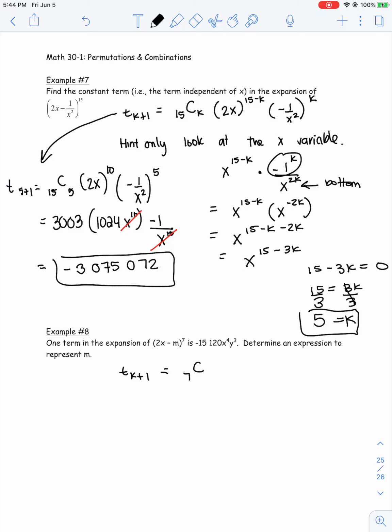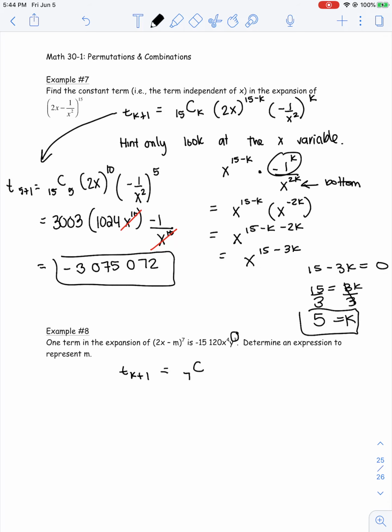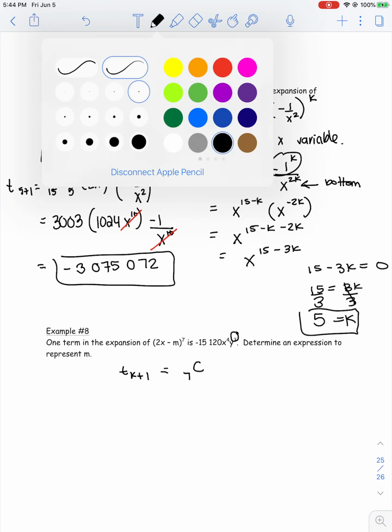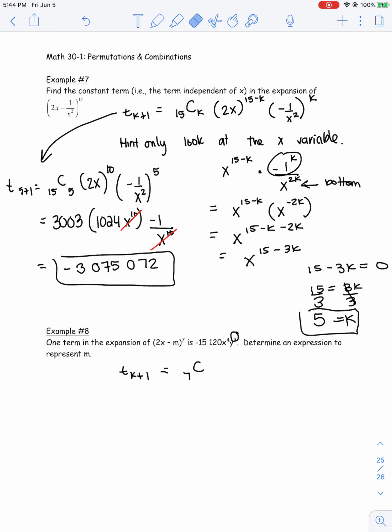And we actually know what k is. The reason is k is always the power over your y value. So we can use that to simplify, where it's going to be term 3 plus 1, which is term 4. So 7 choose 4, or 7 choose 3.